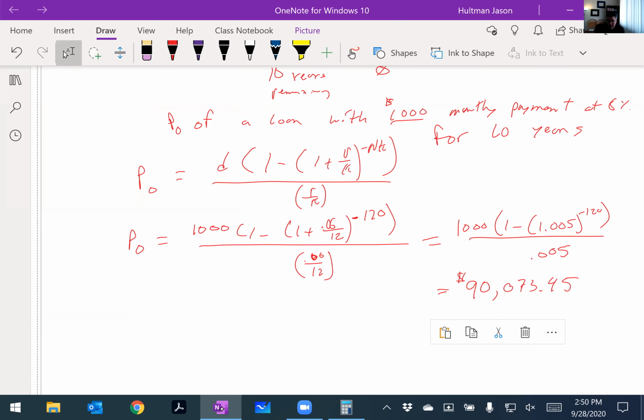Or the amount that I would have to borrow in order to buy the house at this time. Right? How much money would I have to borrow to pay off the house, pay off the next 10 years?